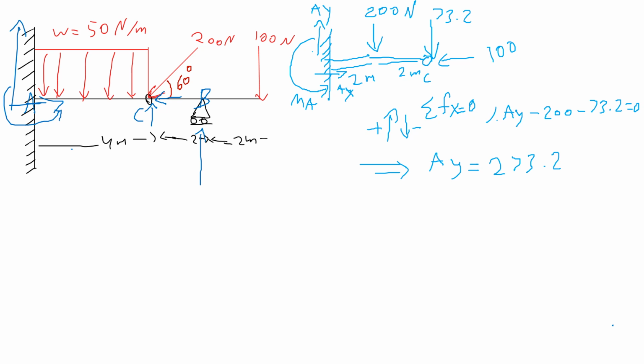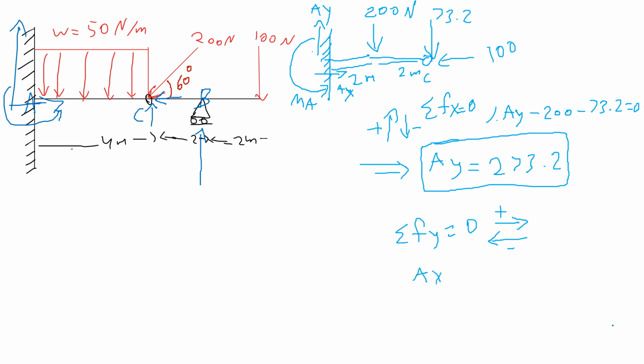Okay. What else? This is one. I'm going to say sigma Fy equals 0, and I'm going to assume this way is positive and this way is minus. So I'm going to go with my assumptions. I have Ax positive, and I have minus 100.